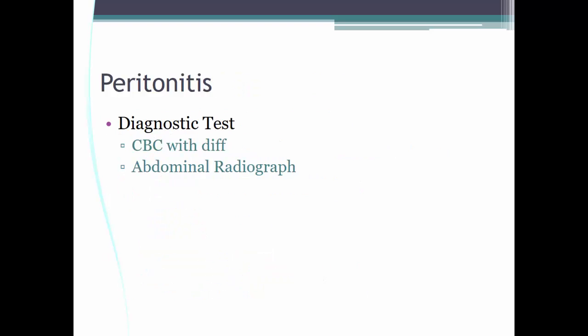Diagnostic evaluation. Evaluation of mild and severe pain follows the same process, although with severe abdominal pain, therapy sometimes proceeds simultaneously and involves early consultation with the surgeon. CBC with differential could be done, of course, showing leukocytosis, and abdominal radiography.